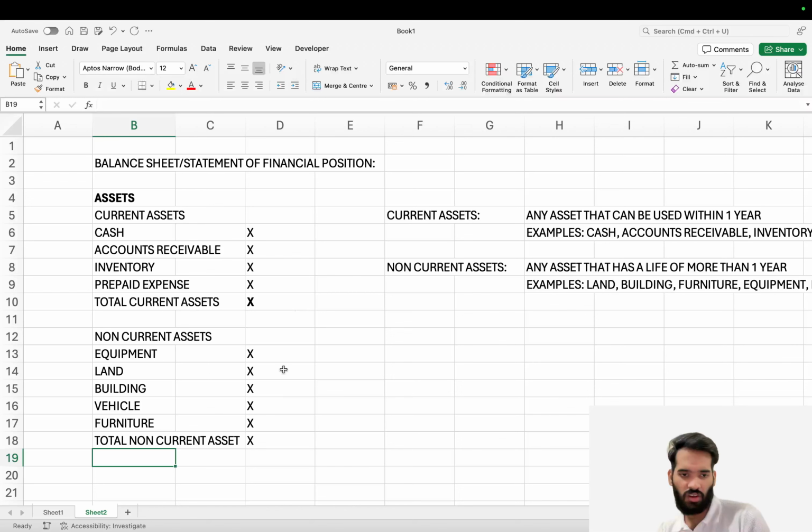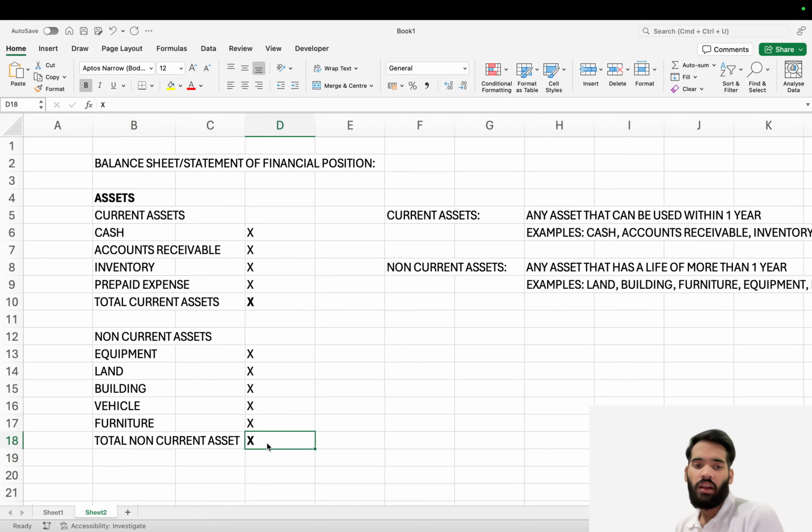Just to give you a general guideline, under US GAAP or any GAAP, we are supposed to mention the assets in terms of their liquidity, meaning how quickly they can be used up. Cash is the most liquid asset, meaning I can use it literally right now. I can buy something right now.